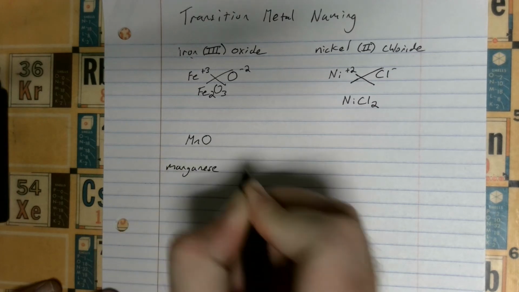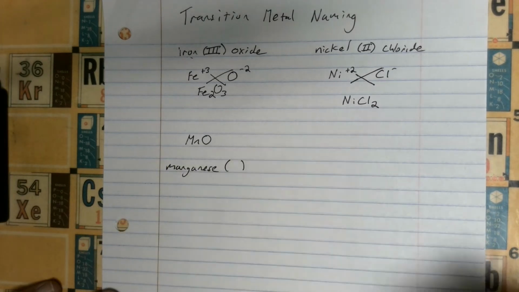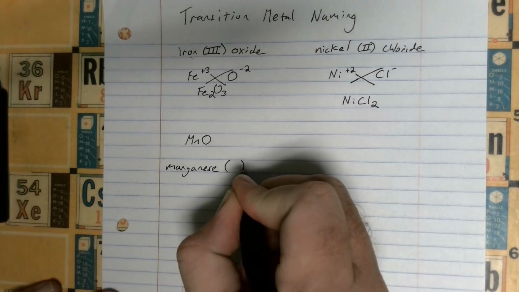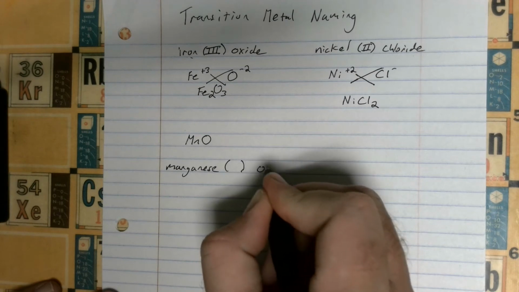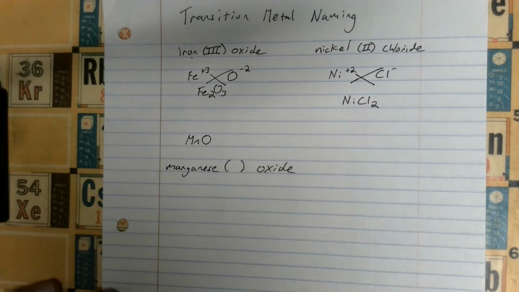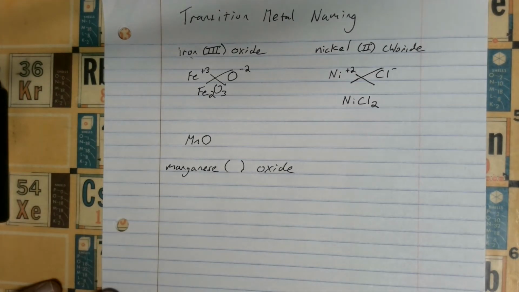I know manganese is a transition metal, so we're going to have some sort of Roman numeral. I don't know what the Roman numeral is yet. And then I know O is oxide. So manganese something oxide.